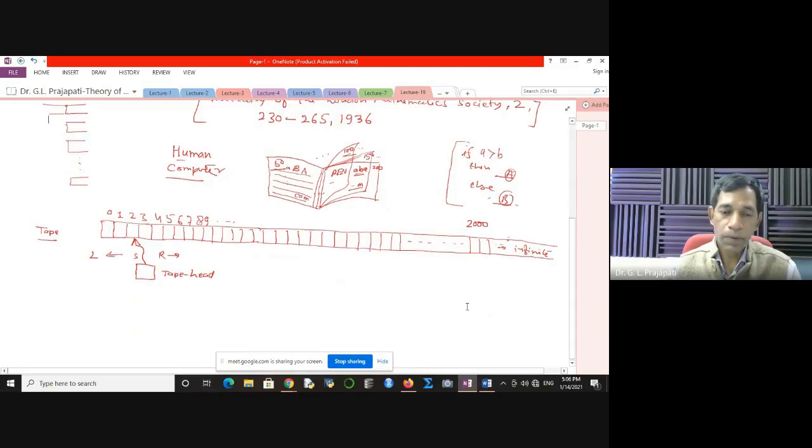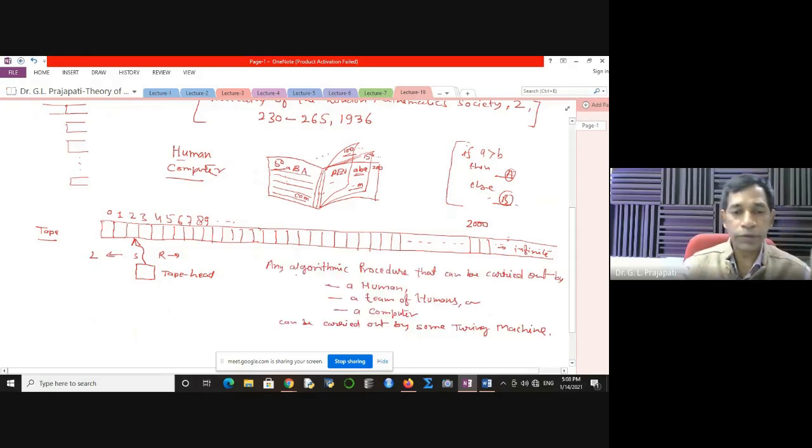So till now, what we can say is that this Turing machine is much more powerful. Any computation that you can perform with the help of your computer, or with the help of a group of persons or a team of persons, you can also achieve with the help of the Turing machine.